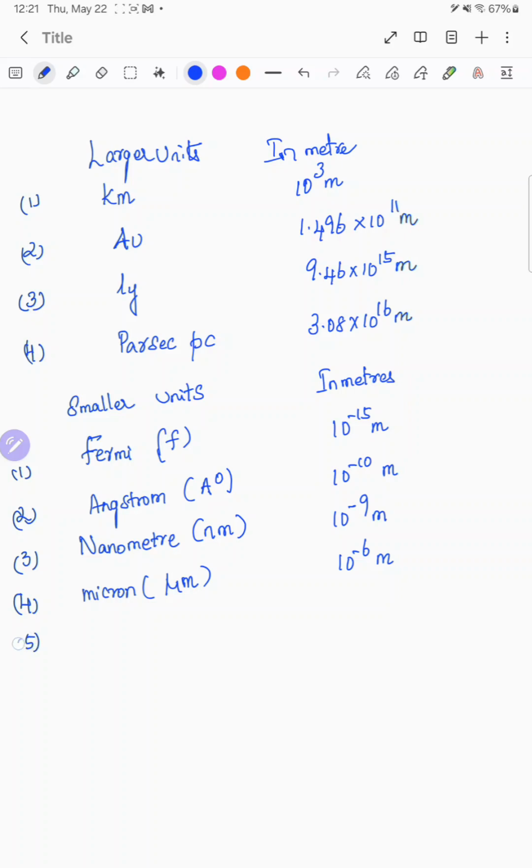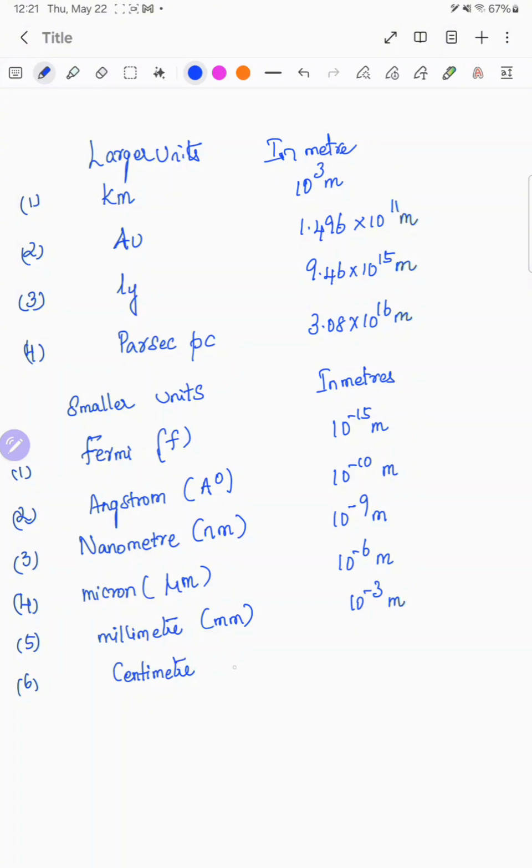The next one is millimeters. This we have read from a very young age, that is 10 power minus 3 meters. Next one is centimeters.